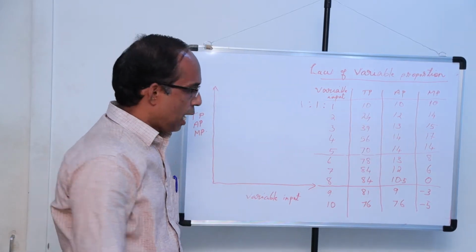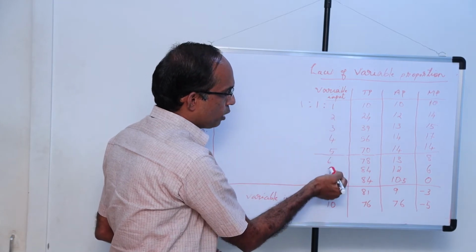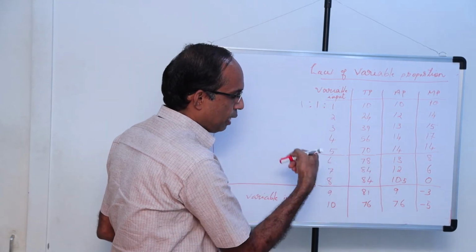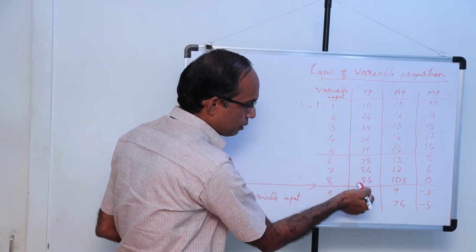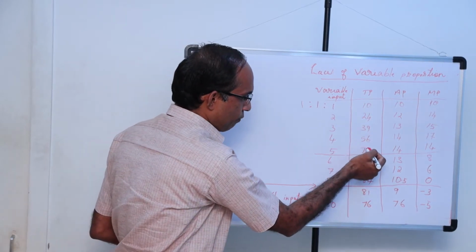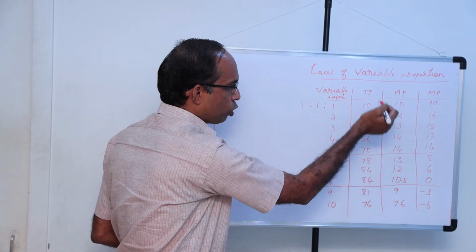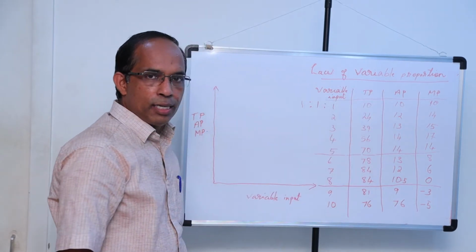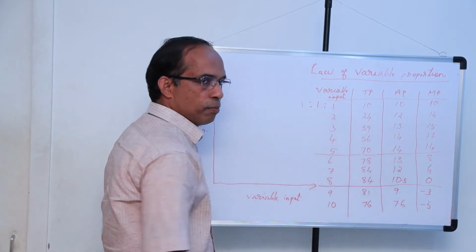Right. And after the fifth variable input, what happens to total product? Again he increases variable input. Total product increases but at a diminishing rate. It increased from 70 to 78 only. It is lower than the rate of the initial increase, that is 10. Increased by only 8 breads.